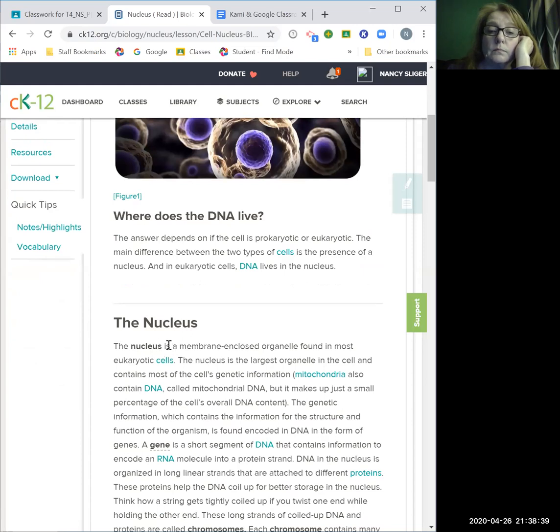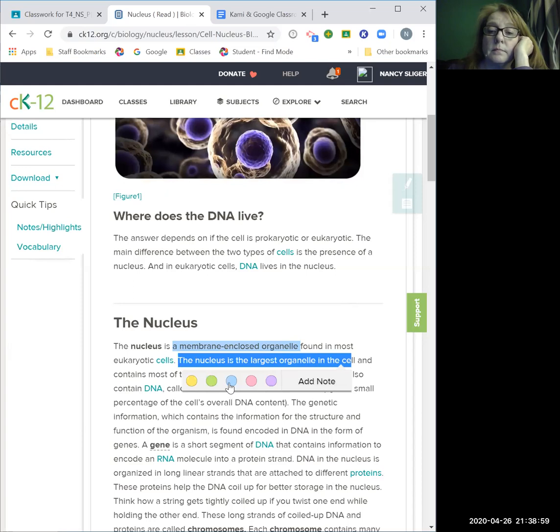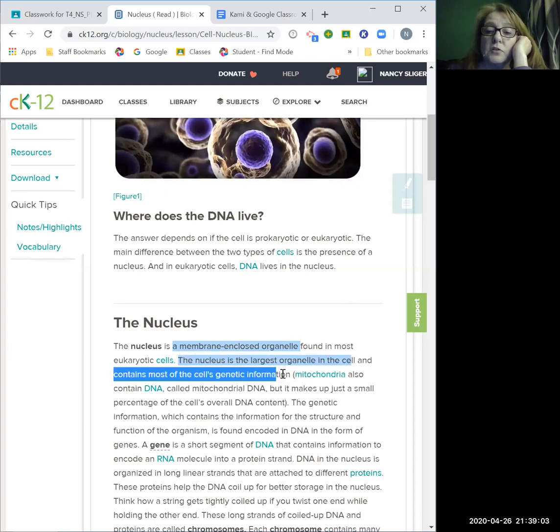So when I'm asking you to describe the nucleus, you need to know that it's a membrane-enclosed organelle, and it's the largest organelle in the cell, and it contains most of the cell's genetic information.